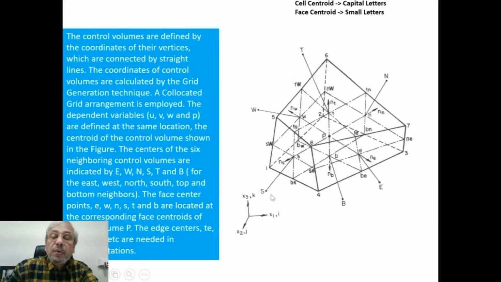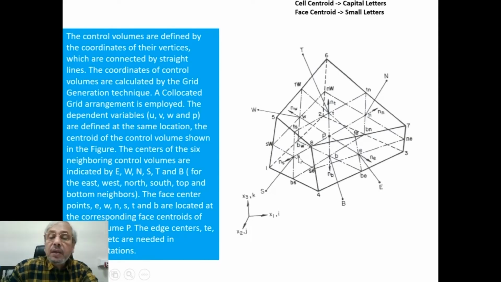The face center points: here we can see that the face center point of the eastern face is given by lowercase e, and the western face is also given by lowercase w.